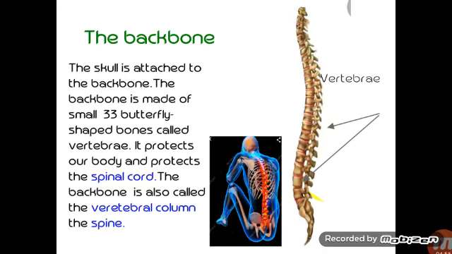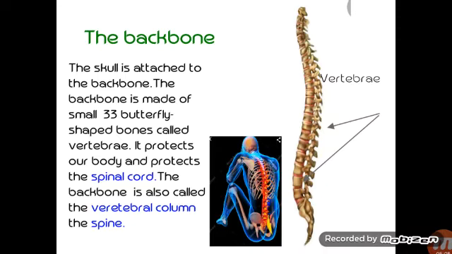These are small 33 butterfly-shaped bones. How many are there? 33. And the name of these bones is vertebrae. What is the name? Vertebrae. It protects our body and our spinal cord.